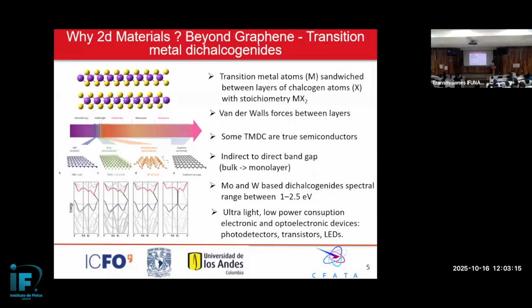Okay, but of course, graphene is just the tip of the iceberg. Yesterday I talked about transition metal dichalcogenides. This is a single layer of them. I talked about this direct to indirect band gap crossover when you go down to a single layer, and especially TMDs based on molybdenum and tungsten are really interesting for optoelectronics since their band gaps are in the visible range.